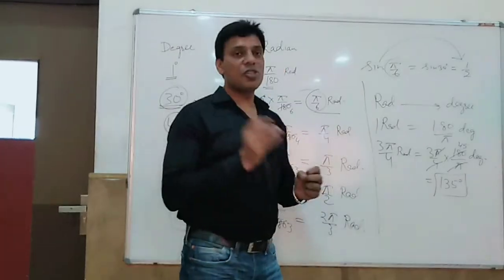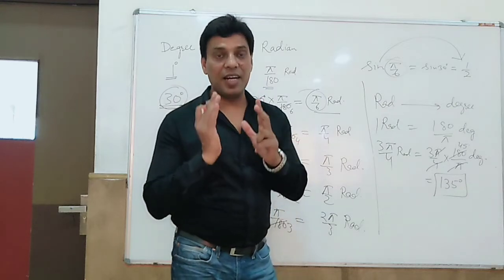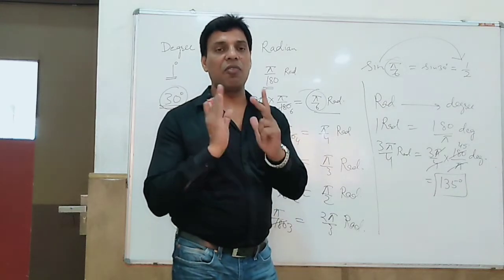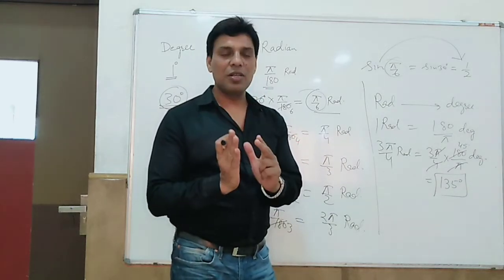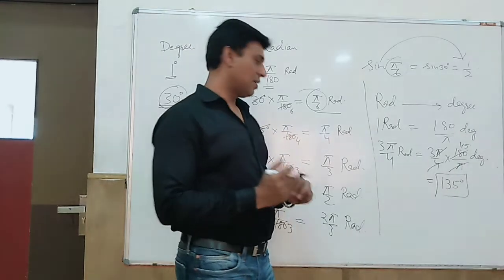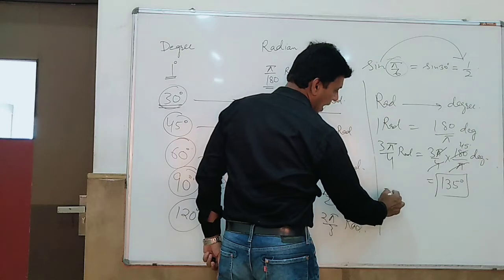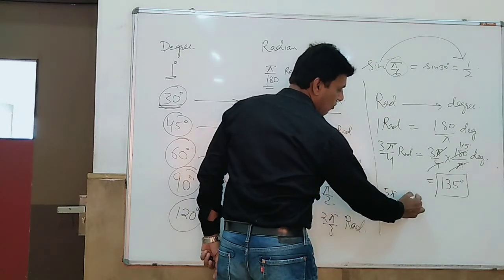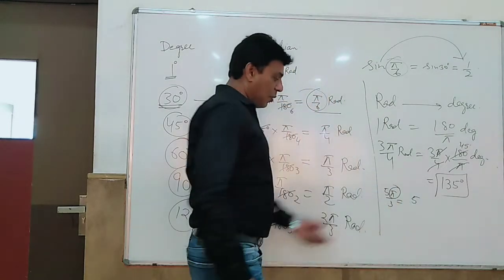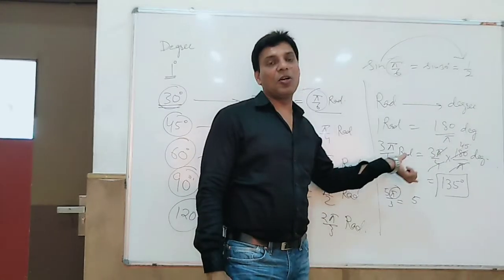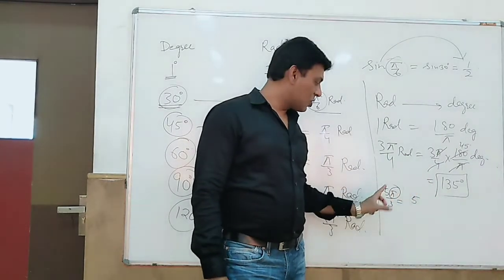I am telling you a shortcut. Whenever you have a radian angle in terms of pi, put pi equal to 180. For example, suppose you want to convert angle 5 pi by 3, which is in radian, into degree.